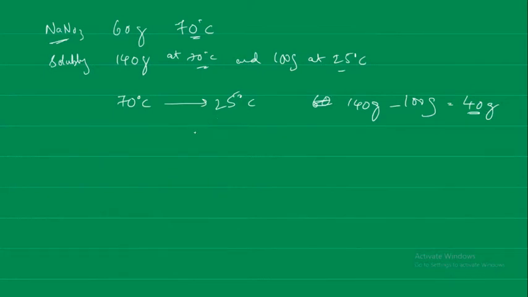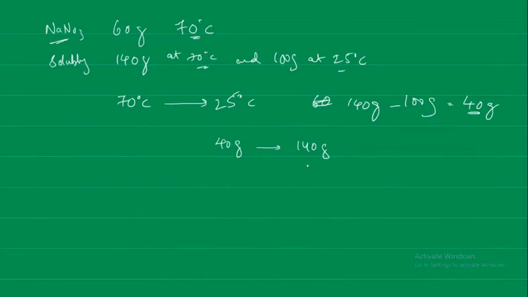So to obtain 40 grams of crystals of sodium nitrate, we have to take 140 grams. Now to get 60 grams, how much? For 40 grams, 140 grams of sodium nitrate is required.